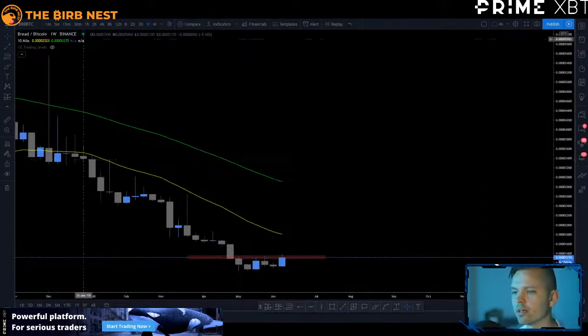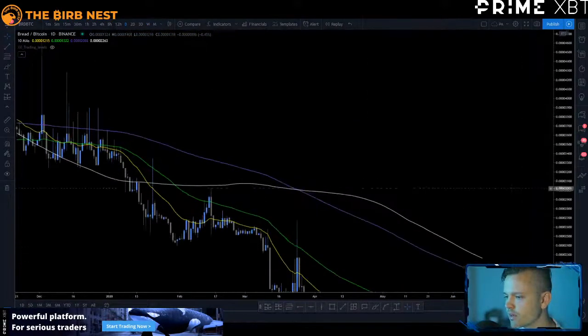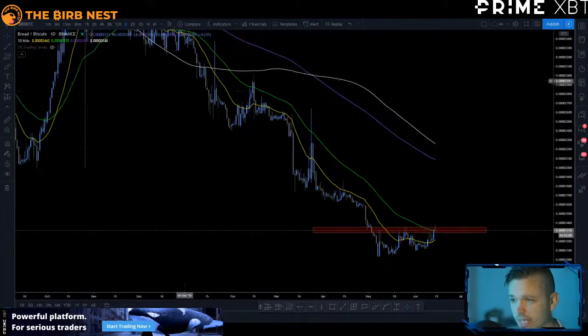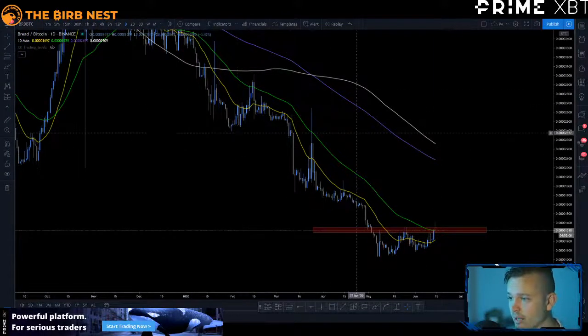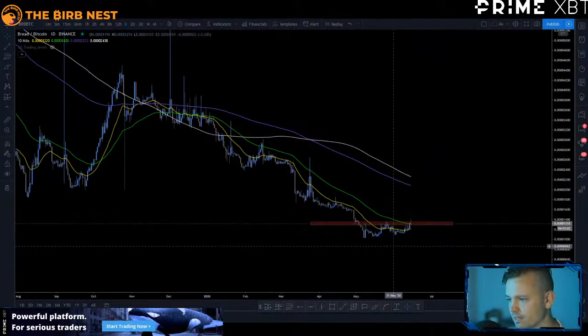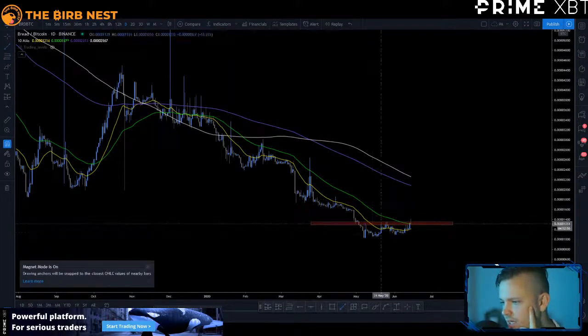Alright, so here we have a resistance area. Everyone seems to be very, very bullish on this one, and I'm not ready to be bullish just yet. I saw some chart where some guy had a trend line on, and it kind of made a lot of sense to have it on the chart.